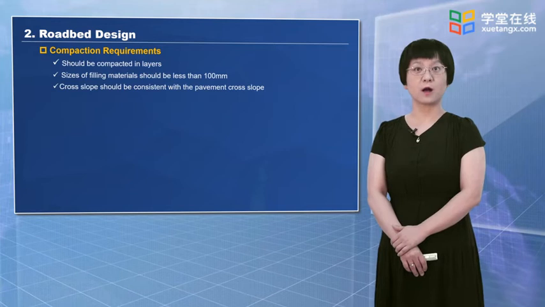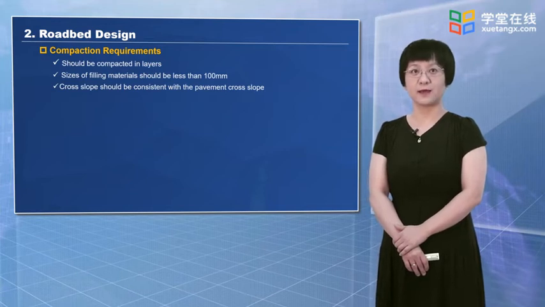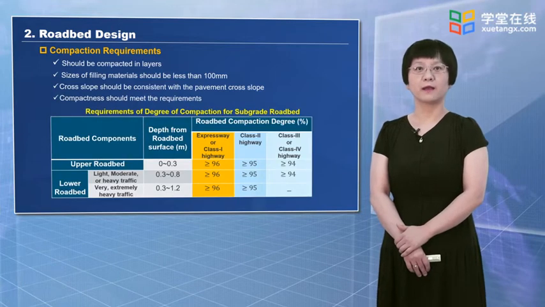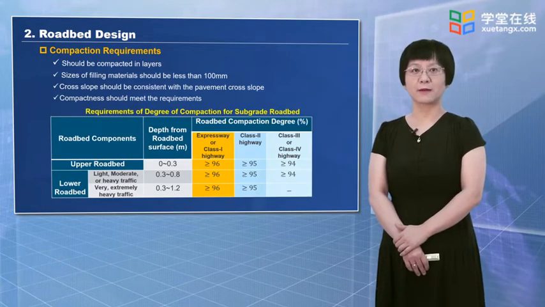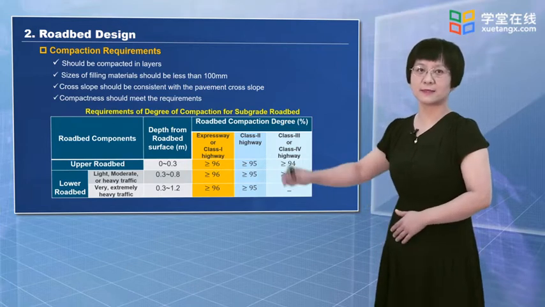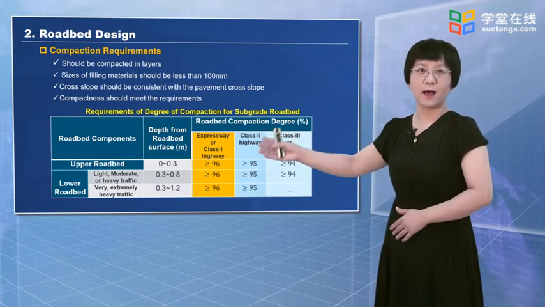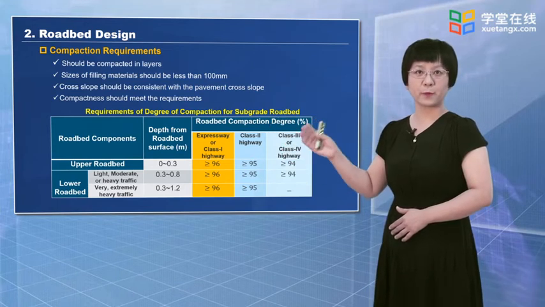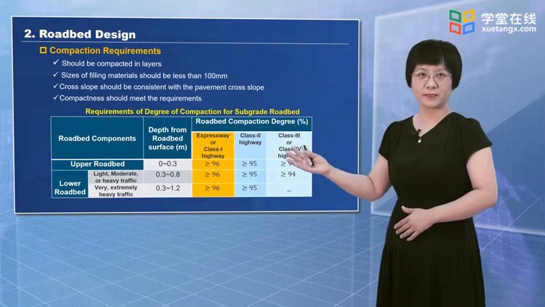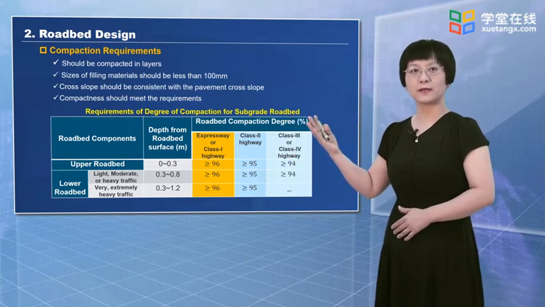The cross slope of the roadbed should be the same as the pavement cross slope. The degree of compaction for subgrade roadbed should meet the requirements as listed in the table. The table lists the requirements, which depend on the highway class, location, and the traffic loading levels.